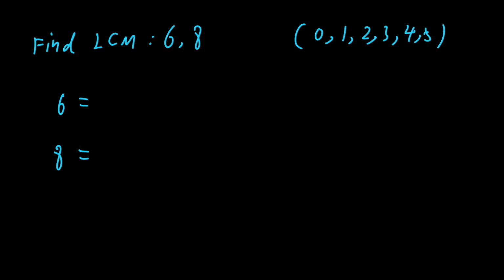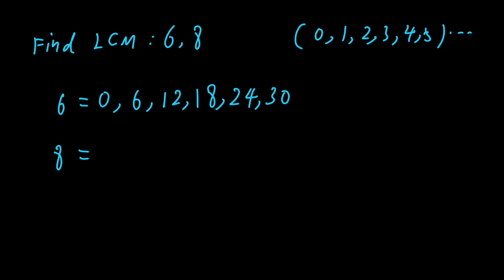If you want, you can go on and on. So 0 times 6 will give you 0. And then 1 times 6 will give you 6. And then 12, 18, 24, and 30.